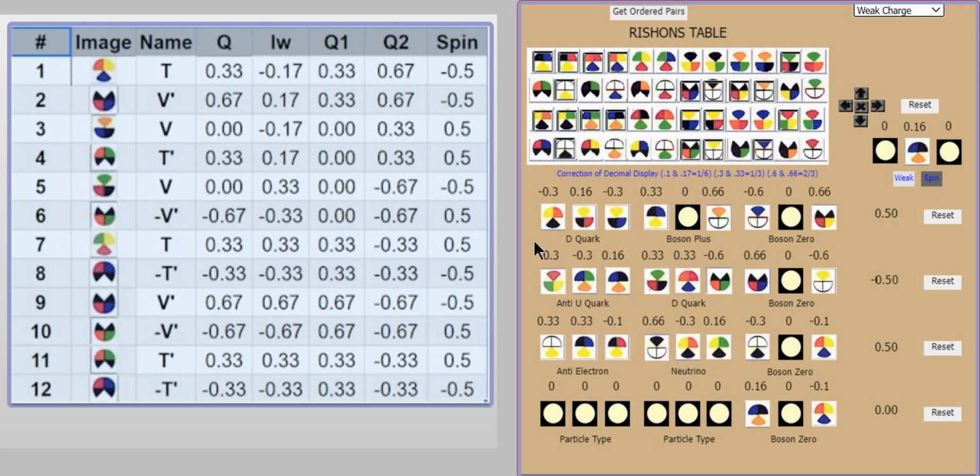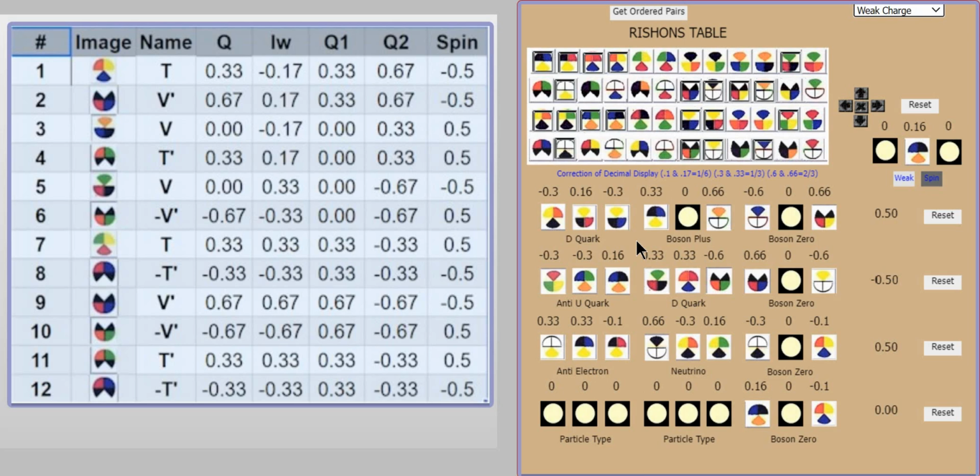The weak isospin on the D quark is now minus 1/2, and the weak isospin on the anti-U quark is also minus 1/2. So we have minus 1 and plus 1 giving us a 0 altogether for the weak isospin here.